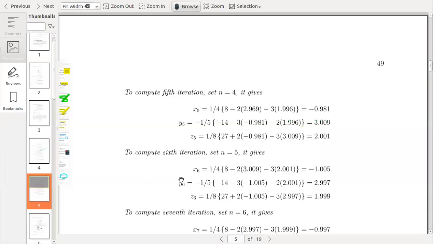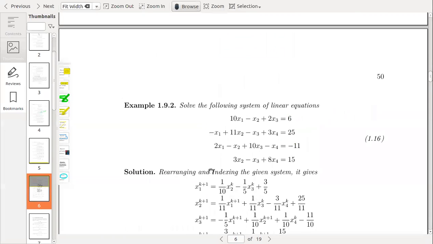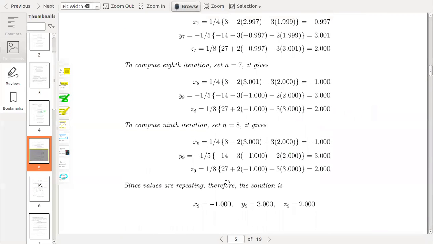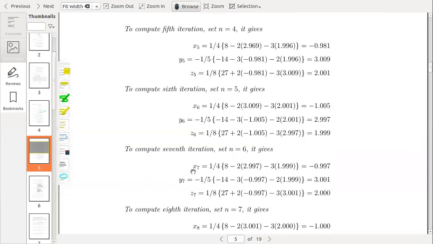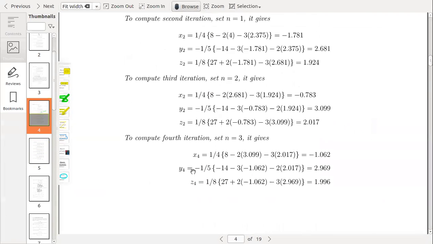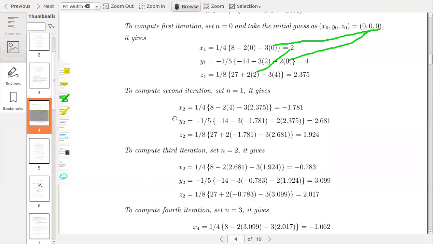To compute the second iteration, set n is equal to 1, it gives: x2 is equal to 1 by 4, 8 minus 2 into 4 minus 3 into 2.375, which is equal to minus 1.781.